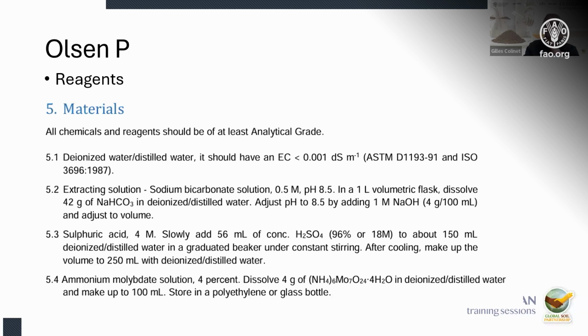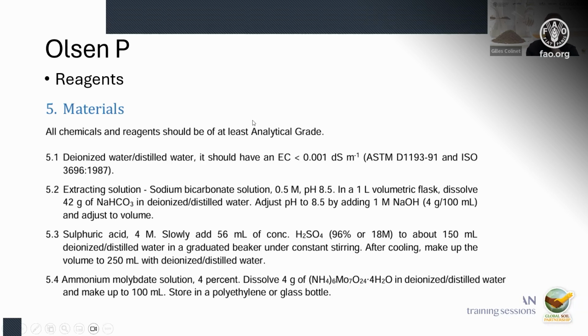So I took copies from the method, and this is general for all the methods that are used, that the chemicals should be of analytical grade. So you see that there is deionized water. The extracting solution is with sodium bicarbonate.